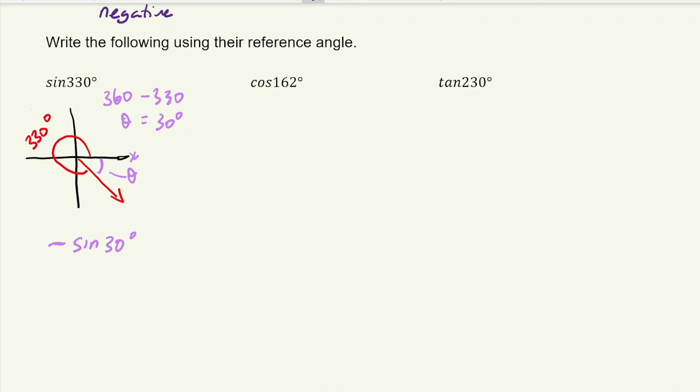Not sure whether this is working out the way I want it to come across, but hopefully it will look a little bit better in this next one. Let's look at cosine of 162, cos of 162. Another little coordinate plane here. 162 isn't going to go all the way around, it's only going to come to about there. And we want the reference angle, which is in here, which is going to be theta.